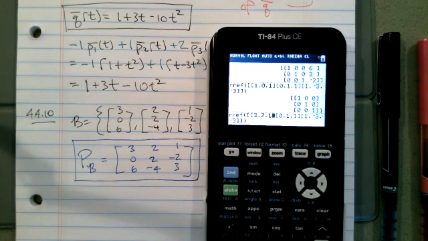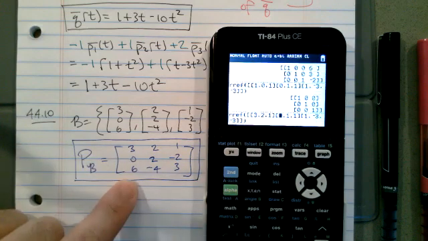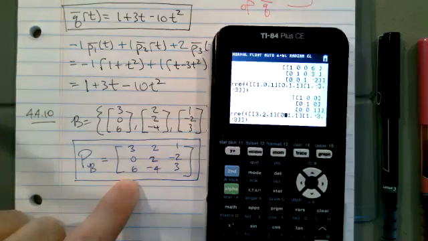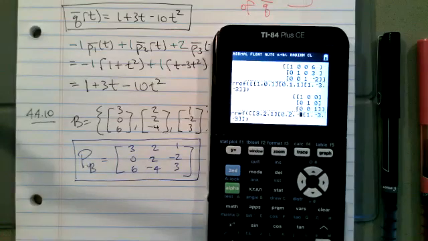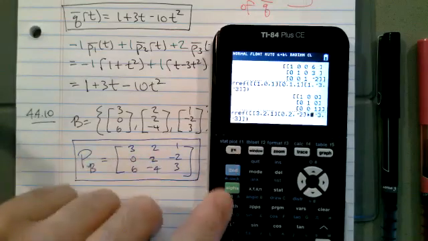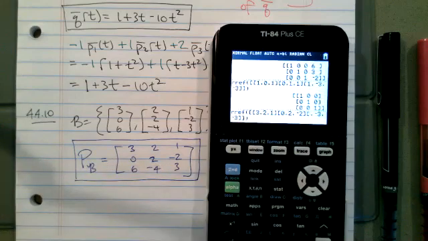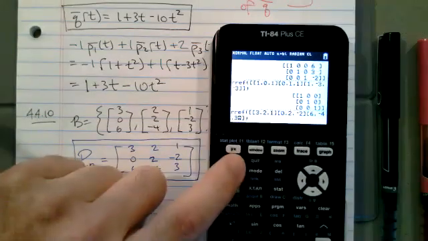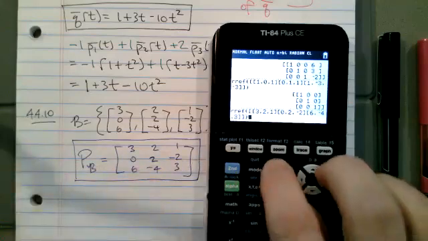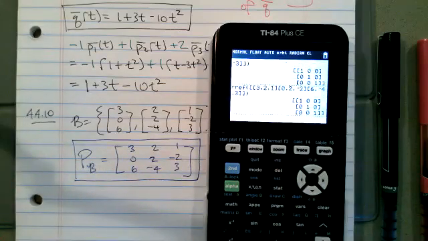3, 2, 1, 0, 2, -2, 6, -4, 3. It is. We just wanted to check to make sure that we didn't have some sneaky question where they don't actually give us a basis for R3.